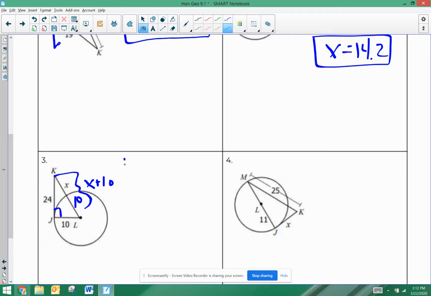So 10 squared plus 24 squared equals x plus 10 squared. So 10 squared plus 24 squared is 676.